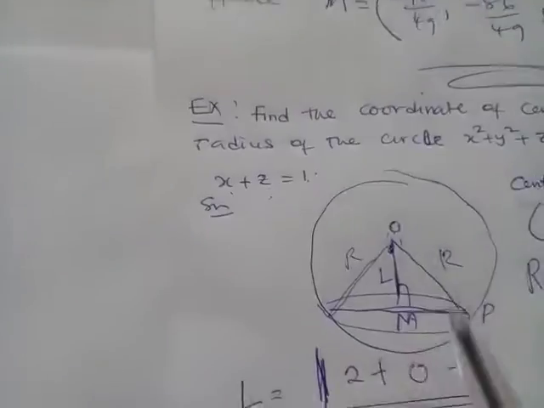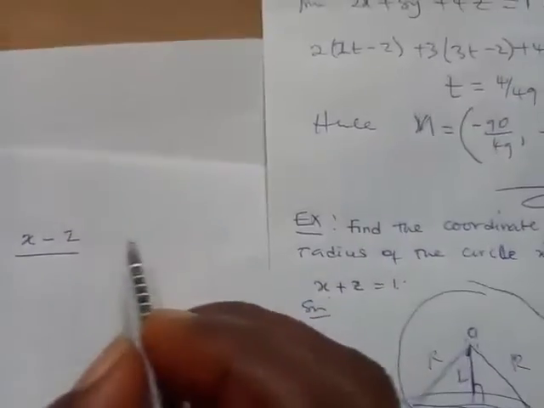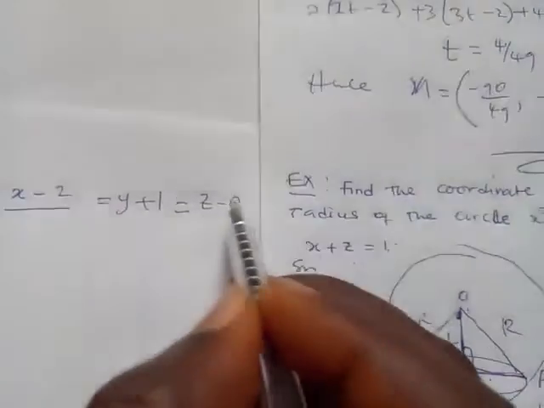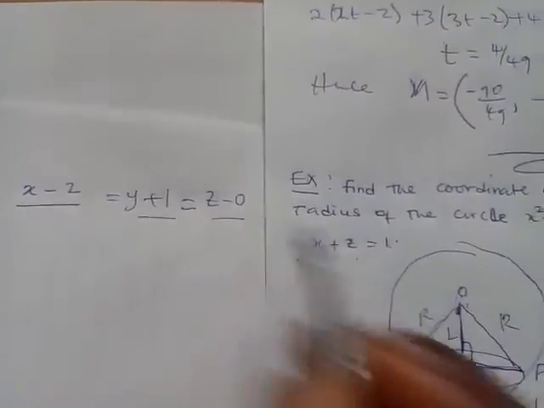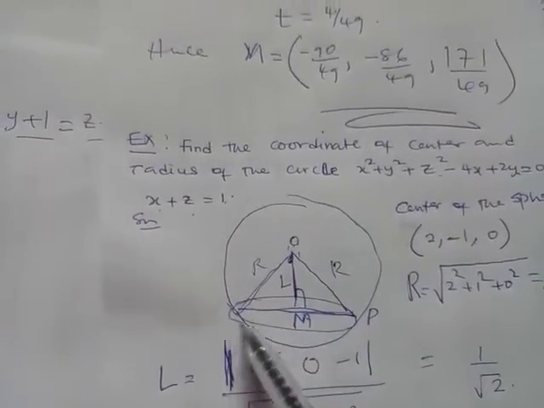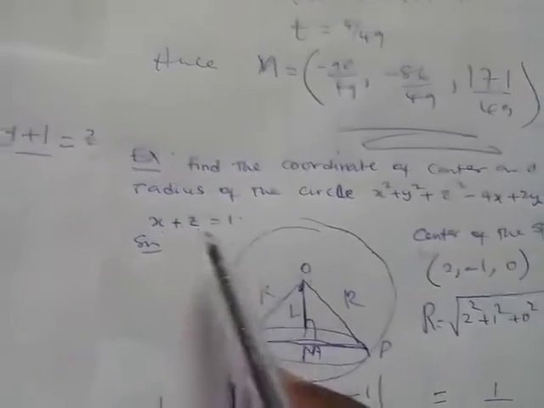You know, the OM passes through the center, this place. So there we have x minus 2 over, we are coming there, is equal to y plus 1 equal to z minus 0, then over what? The normal vector of this plane will be parallel to the direction vector of this line.